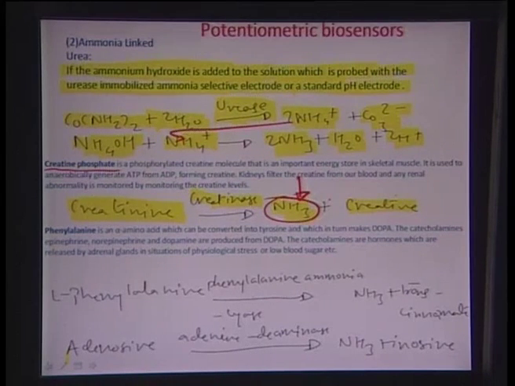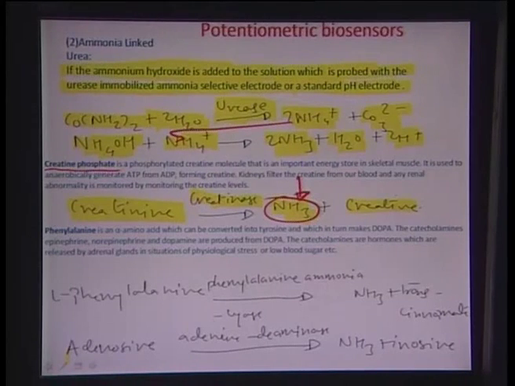The NH3 can be measured of course by using an ammonia based electrode, as we have talked about before. So, if the creatine level goes high, it automatically means that it is at the cost of more creatinine, and that means more ammonia is generated. Okay. So, that is a way of finding out how the renal health of a particular body is functioning.